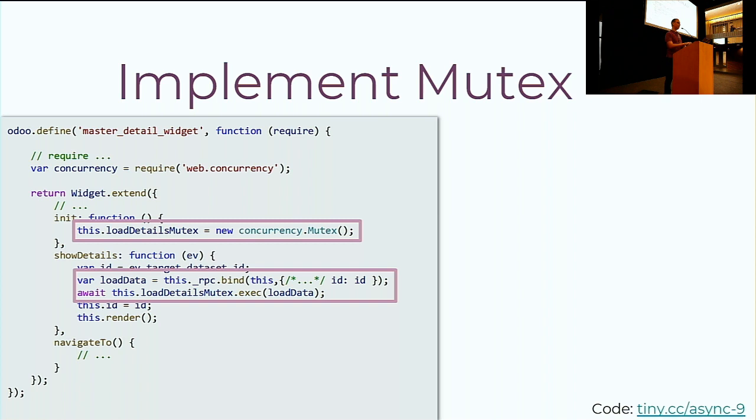Then finally, you want to put this function in the mutex using the exec method, and this returns you a promise that will be resolved only after this specific instance is resolved. So maybe it's the first one and you just need to wait for this RPC. Maybe you have 70 in the queue and so that's the 71st, and you need to wait for those 70, and this promise will be resolved when this one is resolved.